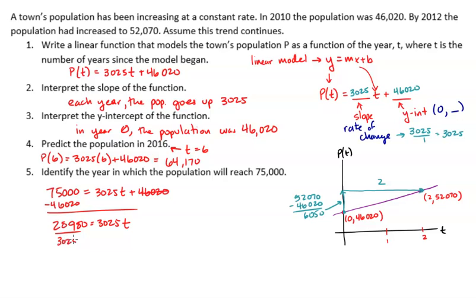Now I'm going to divide that by 3,025, and it gives me an answer of about 9.6. So about 9.6 years later, we're going to hit 75,000. So the year 2010, 9.6 years later, takes me to the year 2019. So 2019 is the year in which we would get to 75,000.